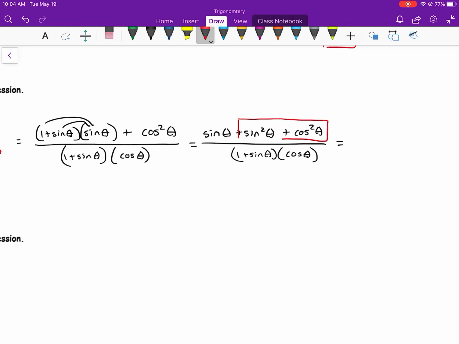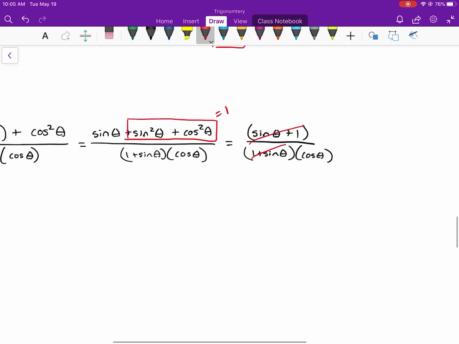Okay, and then I see this. So my Pythagorean identity tells me this is 1. So I have sine of theta plus 1 over 1 plus sine theta, cosine theta. If I put this in parentheses, sine of theta plus 1 is the same as 1 plus sine of theta.